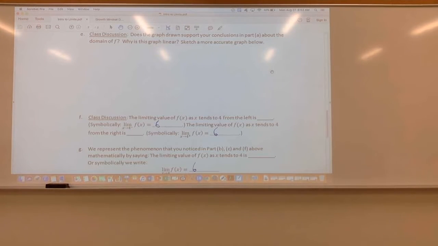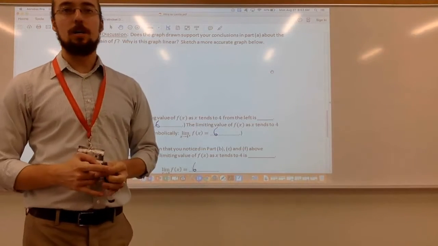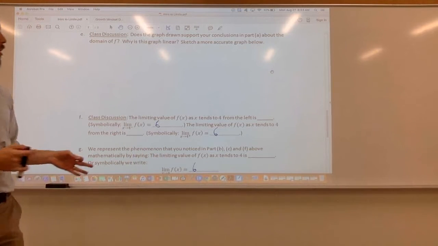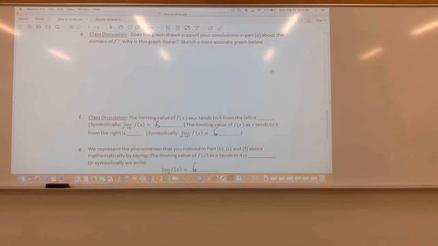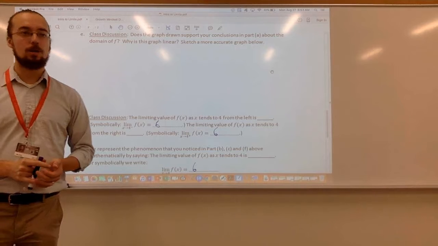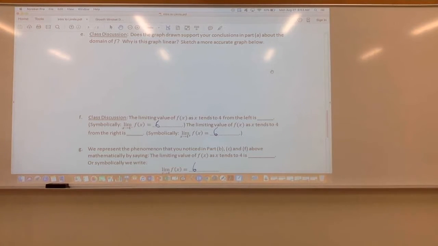So any questions about this idea from a table? There'll be a couple of questions on the homework. I think one where you have to create your own table just like that, and then another one where you're given a table and you just have to figure out the limit. So any questions on finding limits from tables?